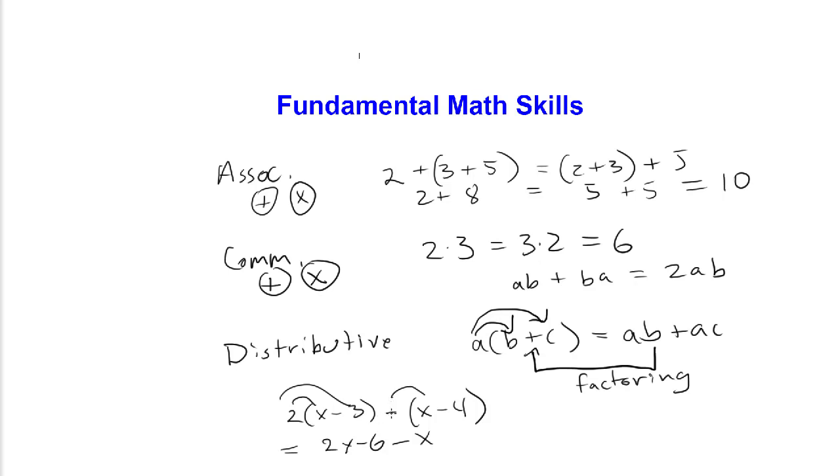If I have a negative in front of the parentheses or a negative inside the parentheses, be careful of either situation. This is really minus 1. There's no coefficient written there, but it is minus 1. Minus 1 times minus 4 makes plus 4. 2 negatives make a positive. And then I can combine like terms. 2x minus x is x. Minus 6 plus 4 is minus 2. Make sure you're careful about your signs when you distribute.